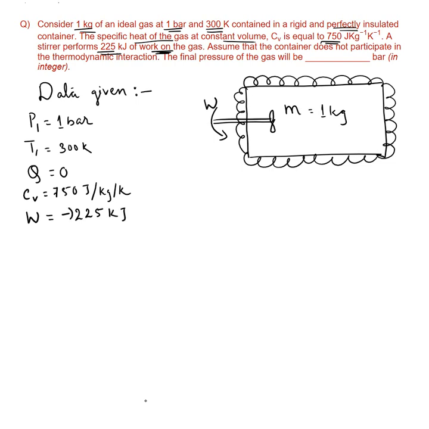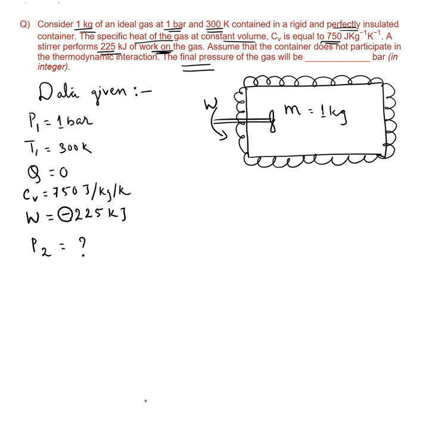This negative sign is due to work done on the system. Next, we have to find out the final pressure of the gas as per the question. Let us consider the final pressure to be P2.